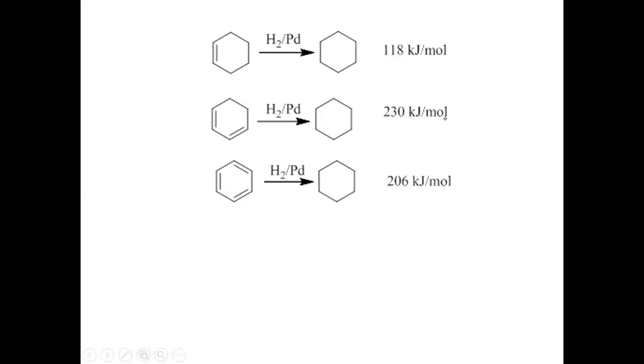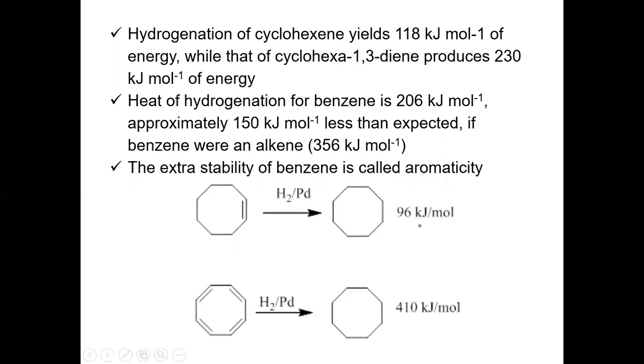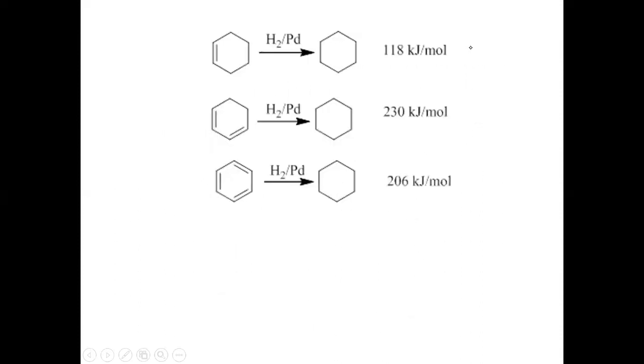What we observe is that in this case, the 96 and then the 4 times was just multiplying this by 4. In the case of cyclohexene, the first one and the second one are also saying the same thing. That is 118, and this is like twice of 118. But if you come to the benzene, it has a lower energy than even the 2.